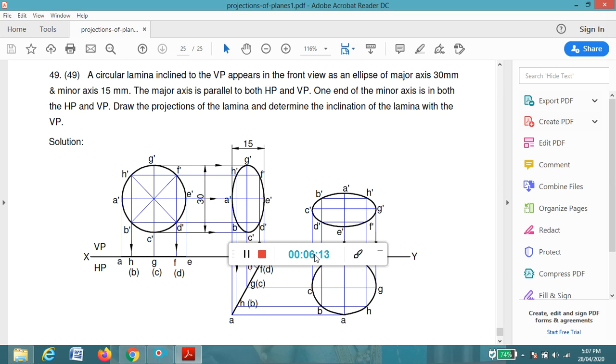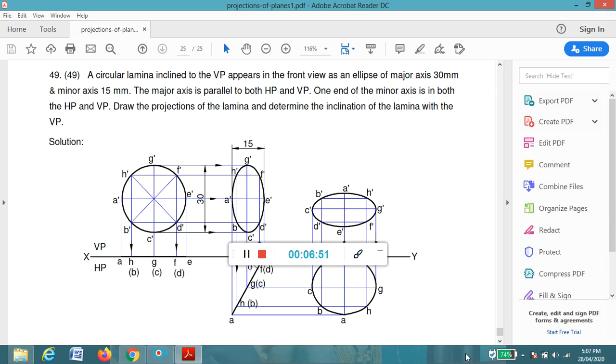Then draw the ellipse passing through these 8 points with 0.5 mm thickness, and name each point on the rim of the ellipse: G dash becomes G, F dash becomes F, A dash E dash becomes E, D dash becomes D, C dash becomes C, B dash becomes B, A dash becomes A, and H dash becomes H. Simply we write it as A, B, C, D, etc.